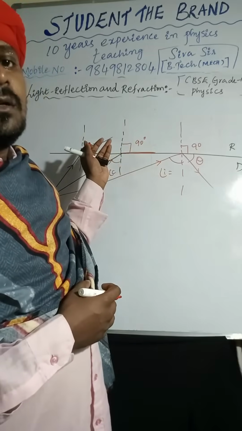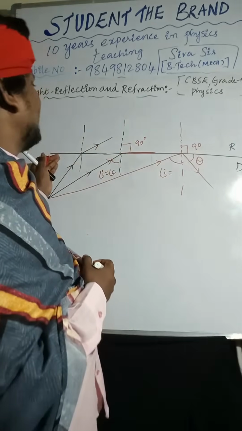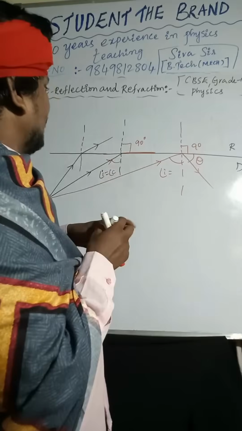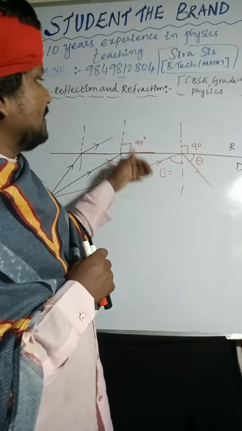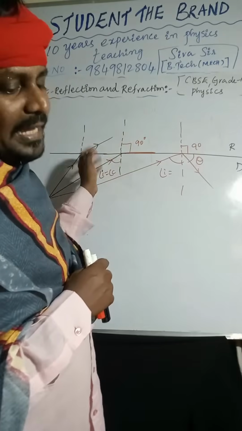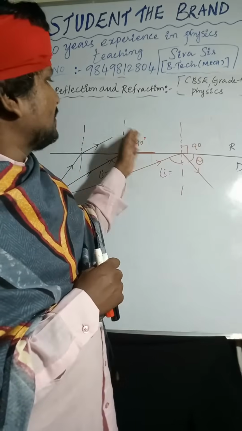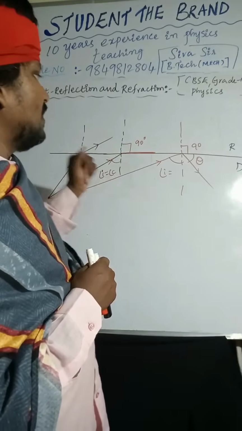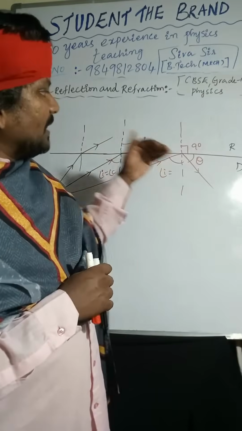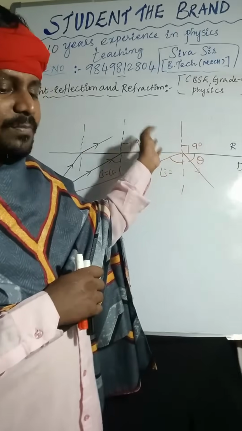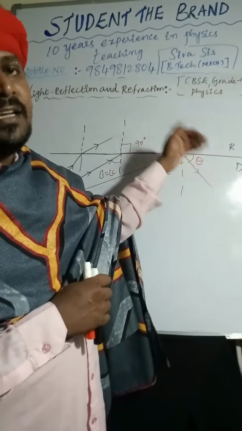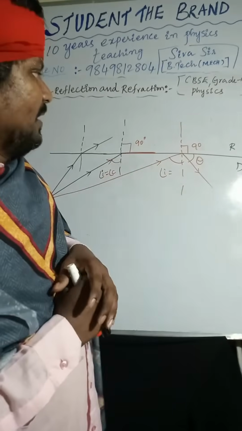Understood? Once again, if the light ray passes from denser to rarer, it moves away from the normal line. At a certain angle of incidence, the refracted ray makes 90 degrees with the normal line, and that is called the critical angle. If the angle is more than the critical angle, the ray reflects back into the same medium.